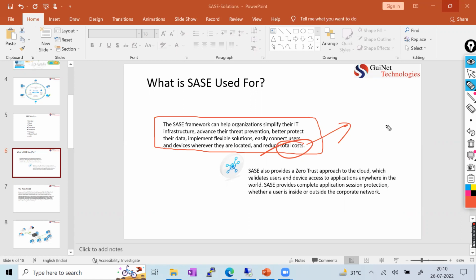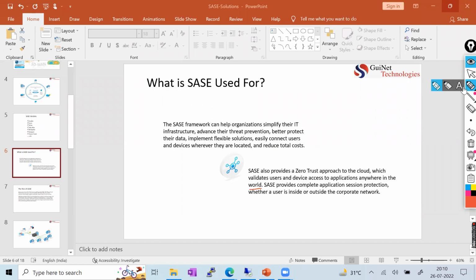My cost should always be less than the solution I used in the past, and it should also have advanced features, right? It also talks about SASE providing a zero trust approach to the cloud, which validates user and device access to applications anywhere in the world. So if you are using the SASE framework, they are talking about any location and any device.